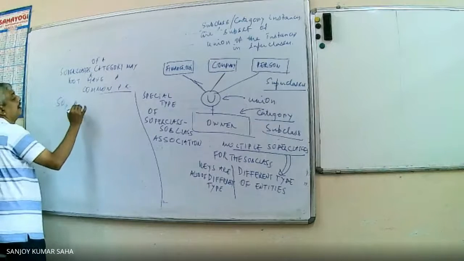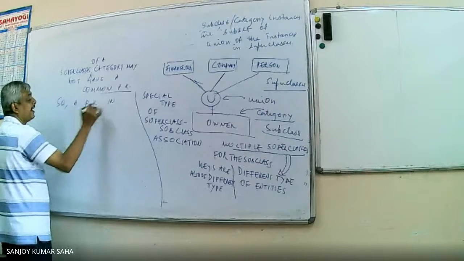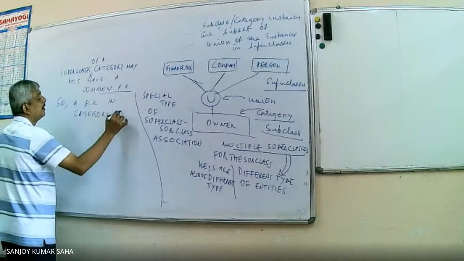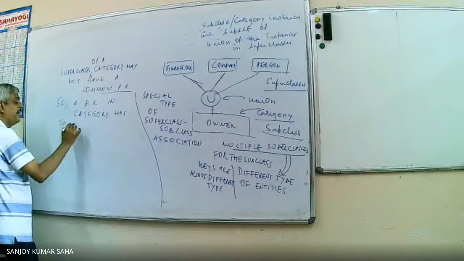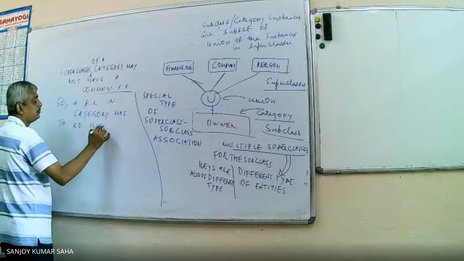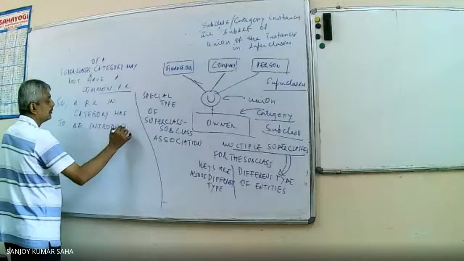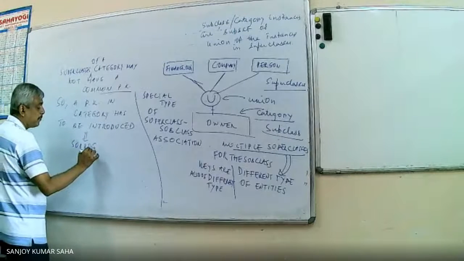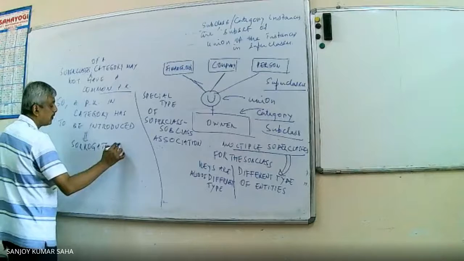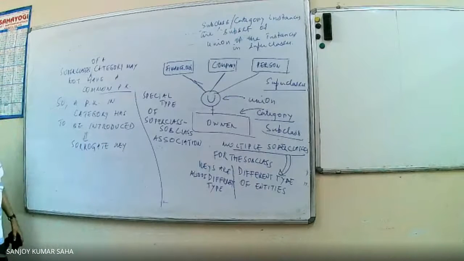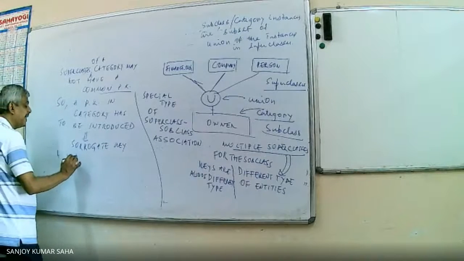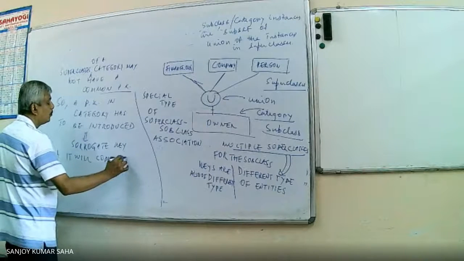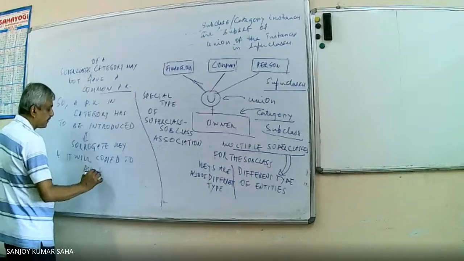So a primary key in the category has to be introduced. This is known as a surrogate key, and it will be copied to all superclasses.